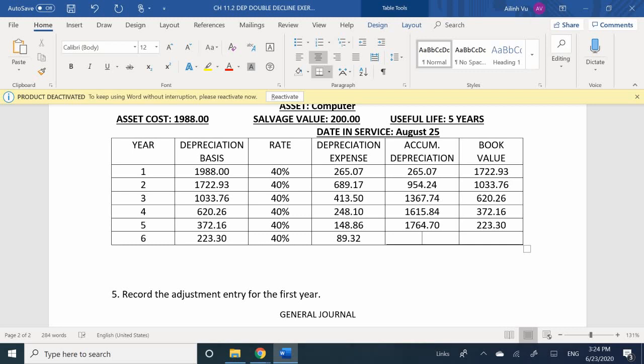Yes. Okay, so what is that? If you take 89.32 and what did you get? $59.54. Yeah, okay, that's right.